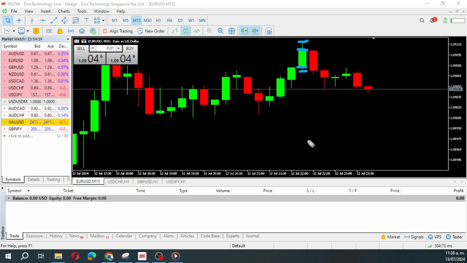When a bar up candle forms like this one that I want to show, the candle is going to grow, and the open price is the price when the candle starts to form, right? So this is the open price.